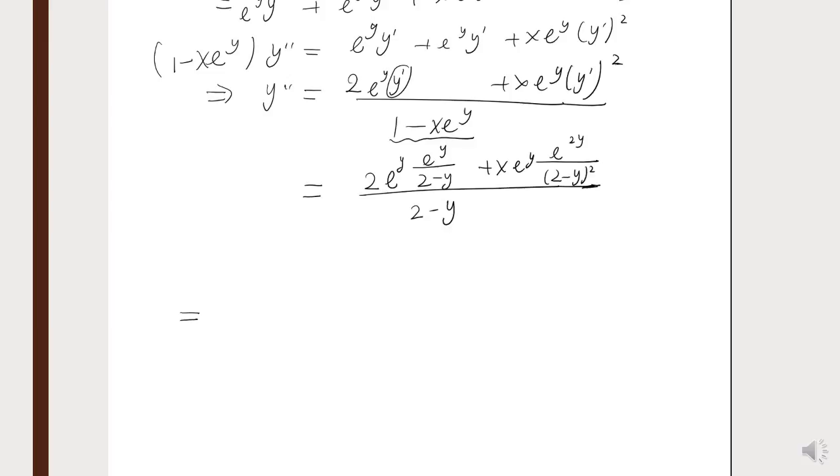So finally, we're going to have this. Okay, so this is like a little practice for you. See if you can do it.